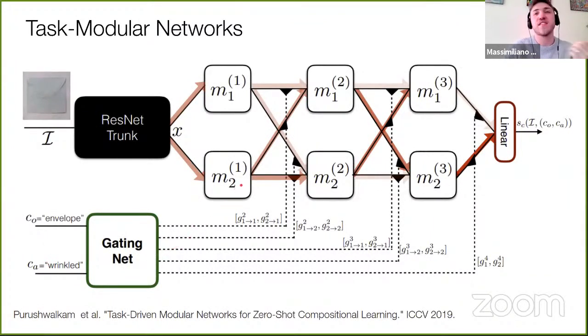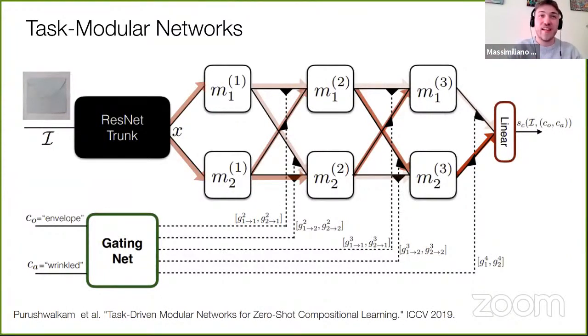This is trained with cross-entropy loss. It's actually a general idea, because what you do is that at the end you are generating the parameters, in this case mostly connections, but you can actually generate parameters for each of these compositions that you want to recognize.